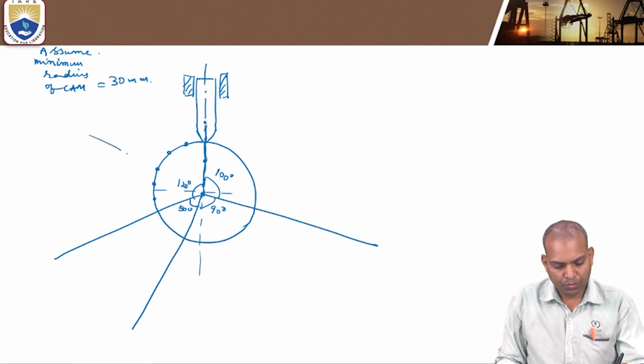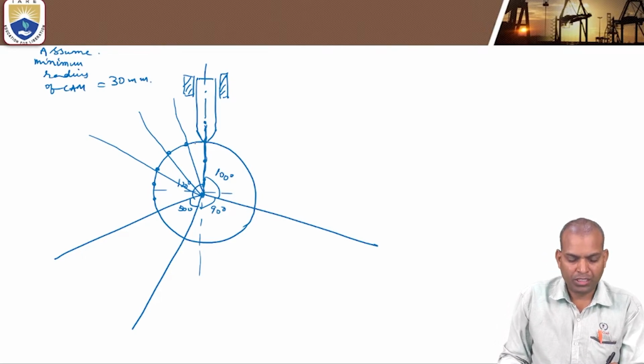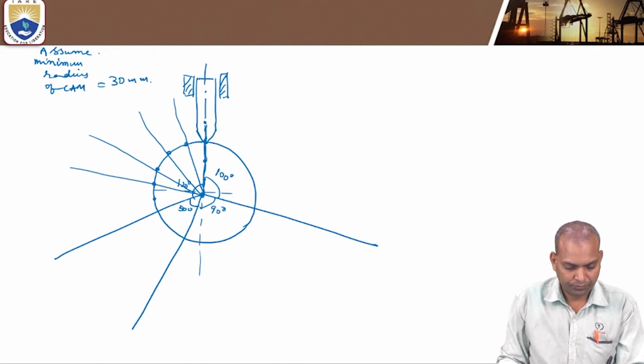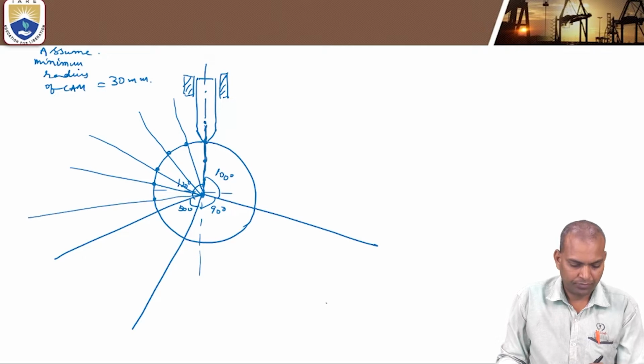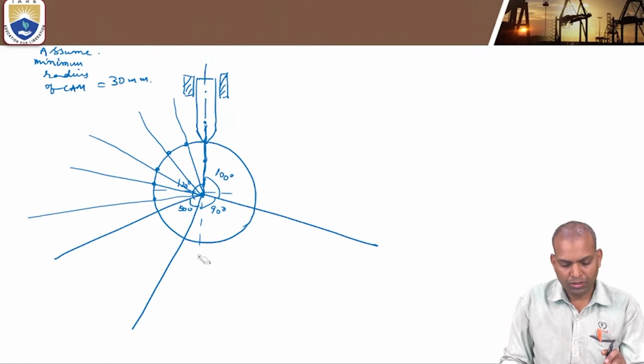So those lines should pass through the center of the base circle. When the knife edge follower touches the surface of the base circle, that point is known as a tracing point. Similarly, the outstroke should be divided into 6 parts radially.